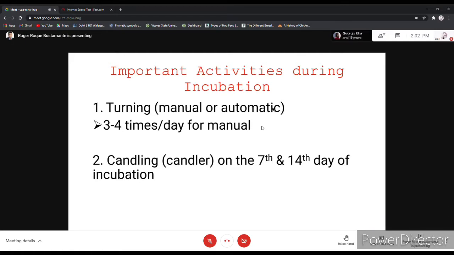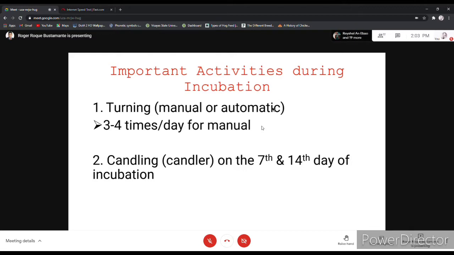Now, in computing the fertility rate, for example, you set 100 eggs. At first candling, you have three clears. So 93 over 100, meaning out of 100 eggs, you have 93 fertile eggs.